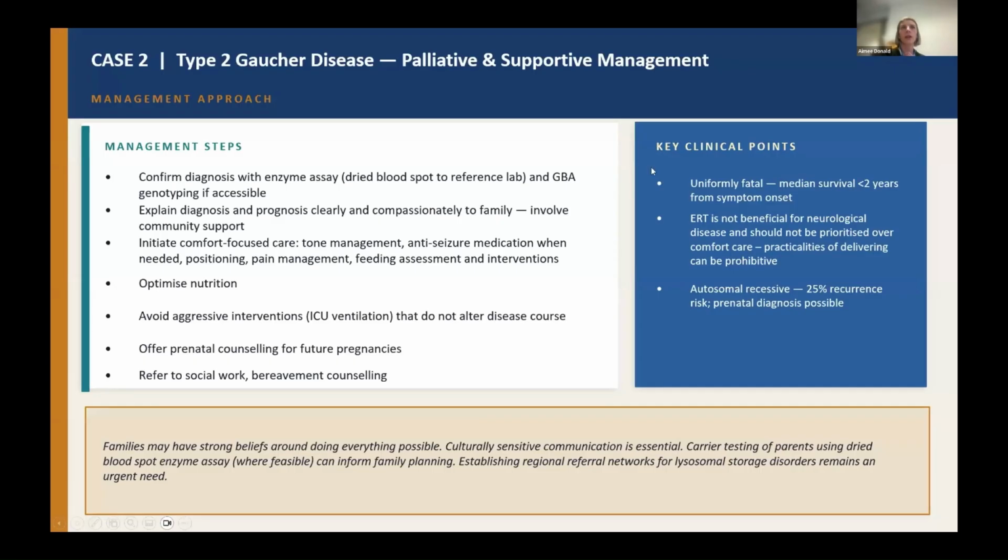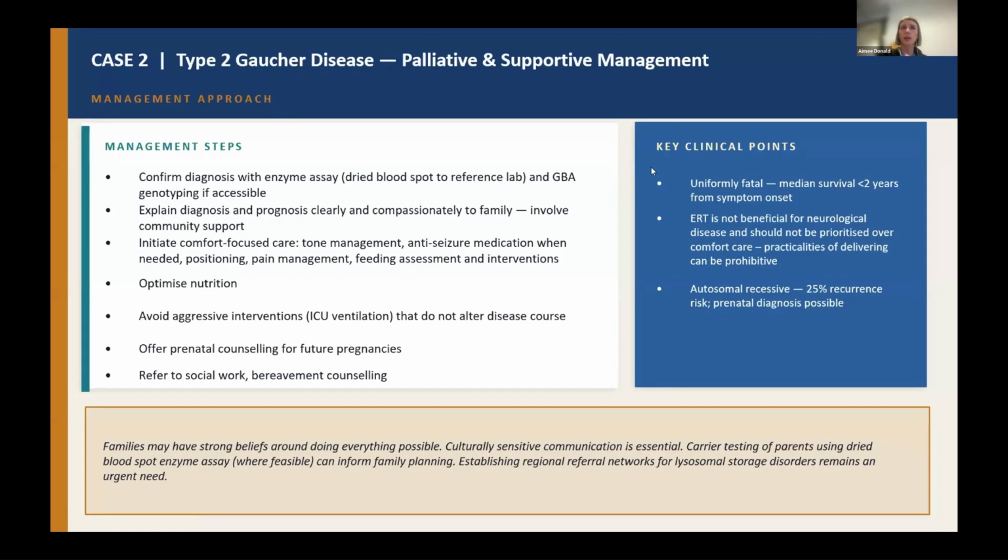So thinking about GD2, we want to confirm diagnosis, ideally with the enzyme assay and genotyping if possible, and hopefully in the future we'll be able to share a clearer genotype to phenotype expectation, particularly in GD2. We need to be really clear when we're giving diagnosis and giving prognosis to families.